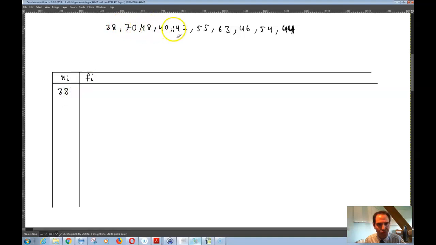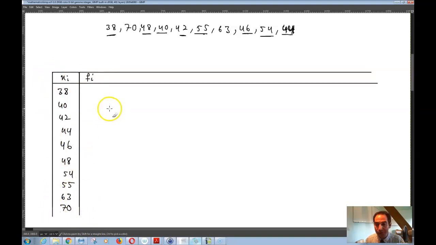Then 40, 42, then you have 46, 44, 46, 44 and 46, then you have 48, and you have 54, 55, and you have 63 and 70.